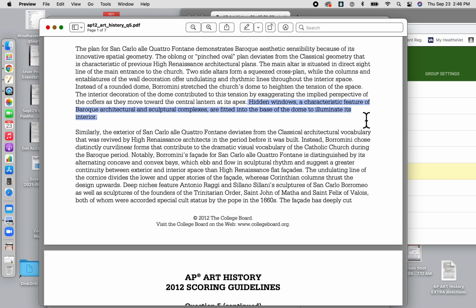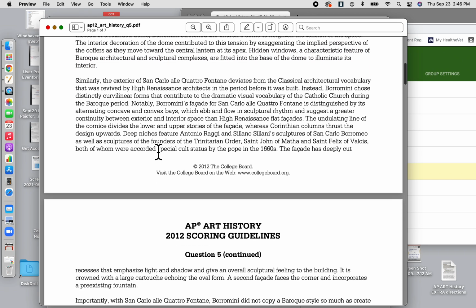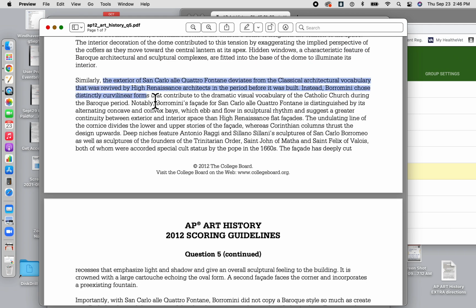It's a characteristic feature of Baroque architecture, and so to get some light in there. Now we're talking about the exterior, which we haven't really talked about. Curvilinear forms. So that means undulating walls, where they're all curving into each other.